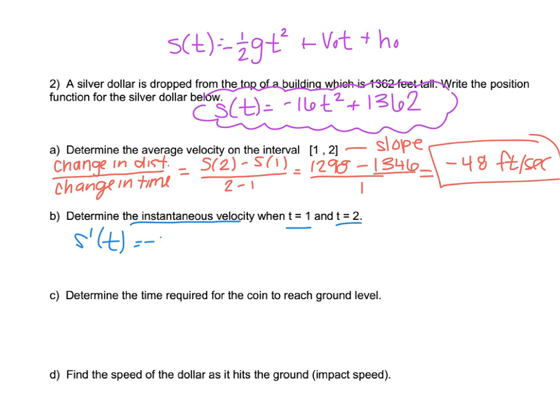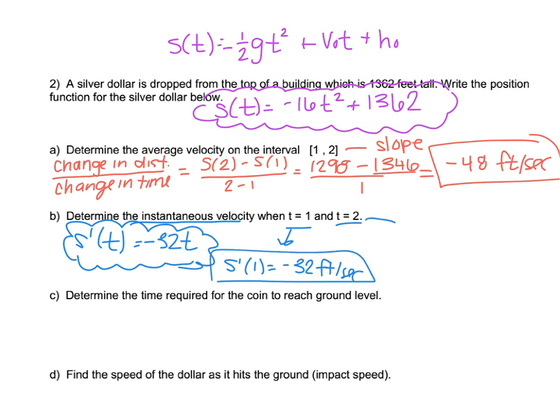That's negative 32t. And then the derivative of 1362 is just 0. So the derivative of our position function is just negative 32t. So the instantaneous velocity when t equals 1 is just s prime of 1, which is negative 32 feet per second.